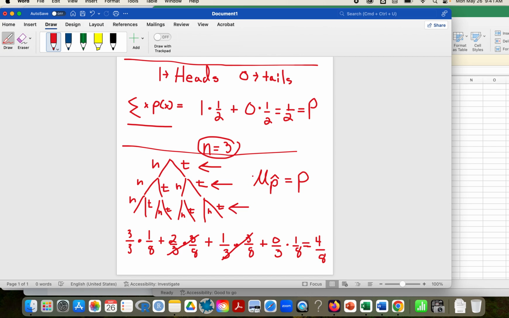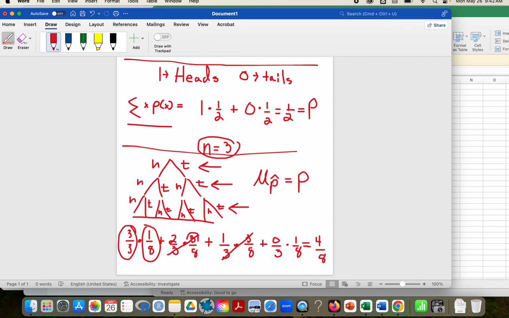Now, when we look at our number of paths that have all heads, well, that means when we're talking about our samples, we have one path out of the 8. There are a total of 8 paths here. Have 3 successes out of 3.